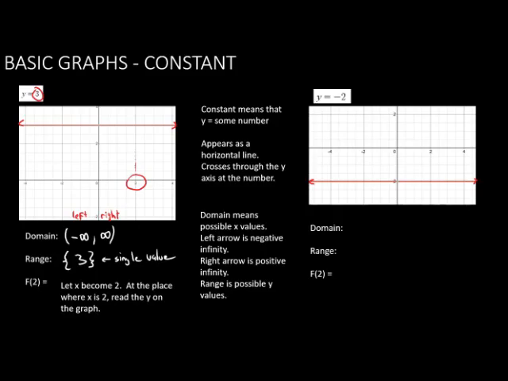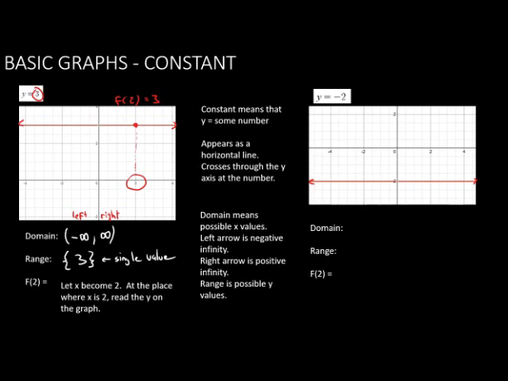Let's draw a dotted line up and see what the y value is when x equals 2. I'm going to place another filled-in red dot at that position on the graph. But we can see that the only possible y value is 3. So at that position I've placed the red dot in, y is 3, and so what we'll say is f at 2 is 3.